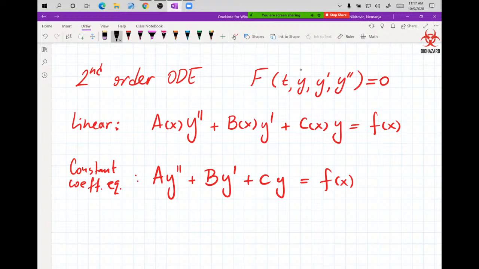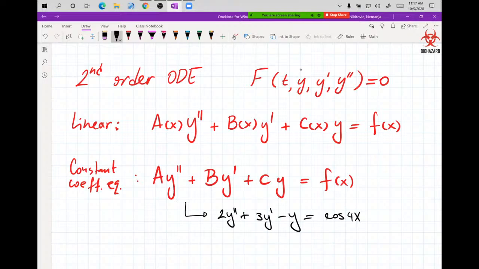So the example of something like this would be, let's say, 2y double prime plus 3y prime minus y equal to cosine 4x. Let's do the x and y situation.